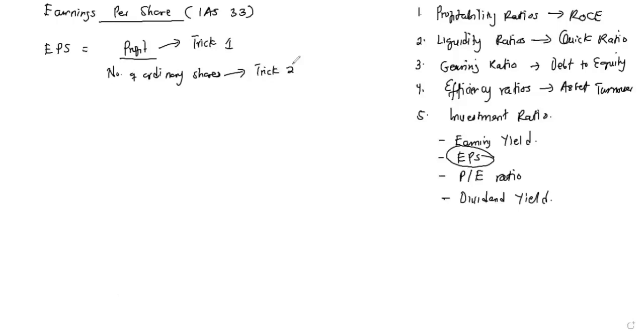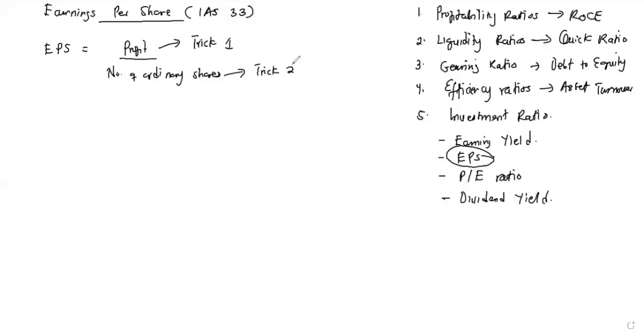Take note. It means that in the examination, the examiner can trick you on the profit. In that case, he might give you profit that you need to do some adjustments to. So what kind of profit do we need to be able to calculate the earnings per share? Please take note. Is it just any kind of profit? Is it profit before tax? Or is it profit after tax? Is it the net profit or is it the gross profit? Or is it the operating profit?